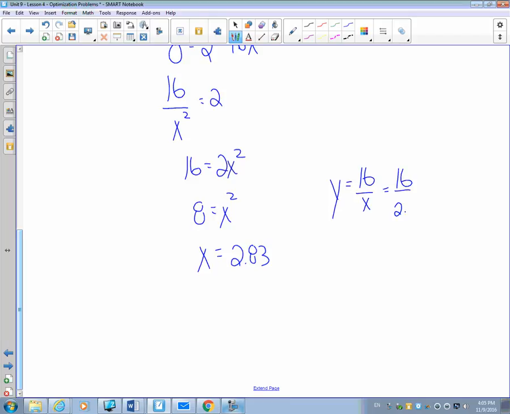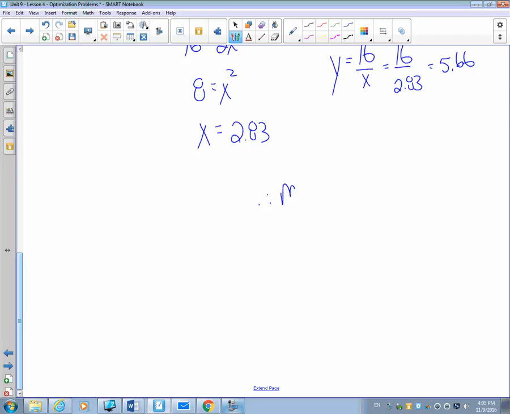So 16 over 2.83 comes out to 5.66. So to minimize edging, x is 2.83 and y is 5.66. Your length and your width.